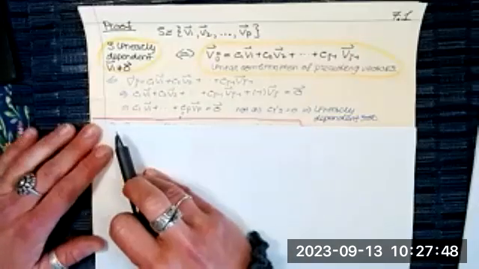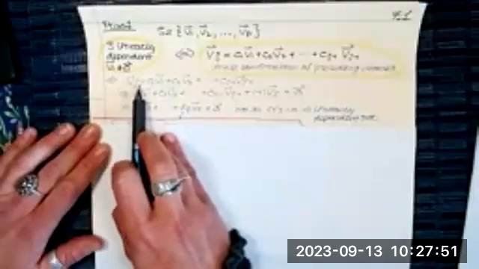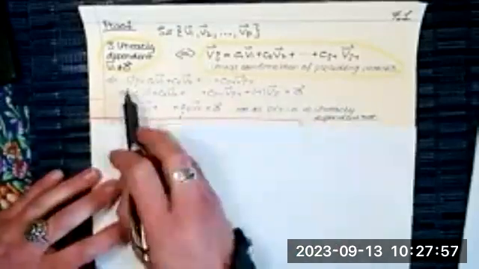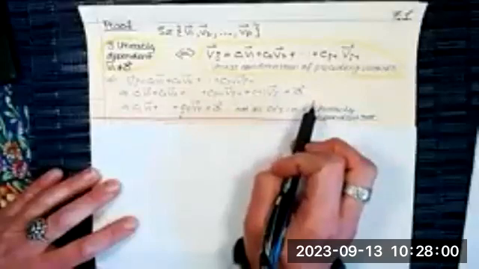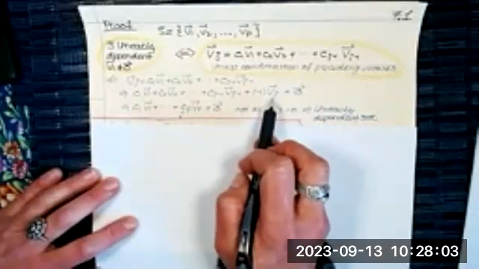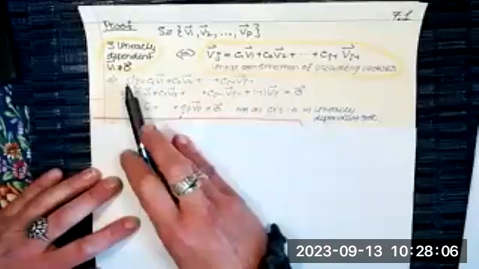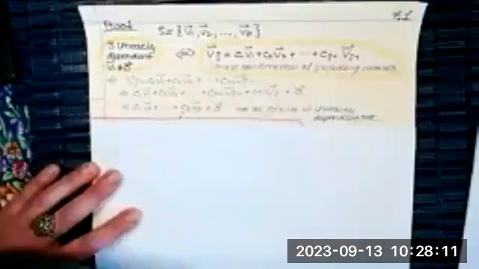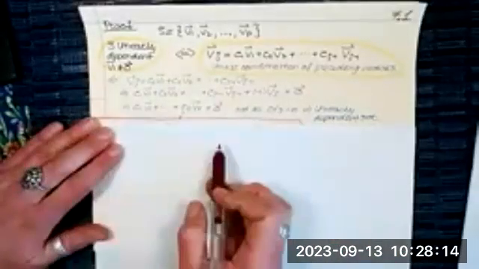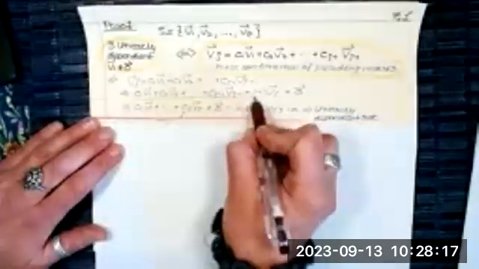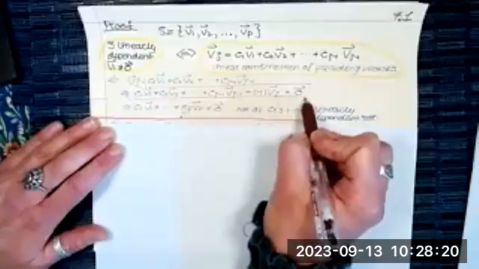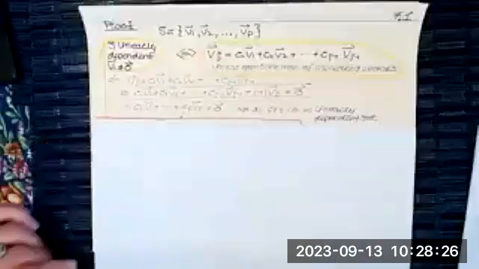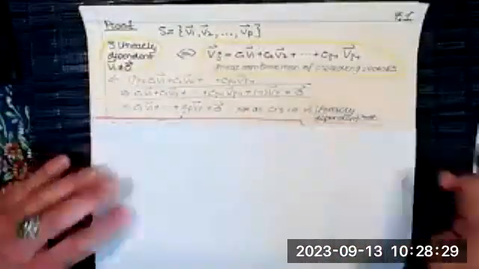Putting Vj on the other side so all vectors are on one side gives zero on the other, with Vj having a -1 coefficient. This is exactly my linear dependence relationship, and that means S is a linearly dependent set. So this direction is pretty straightforward.